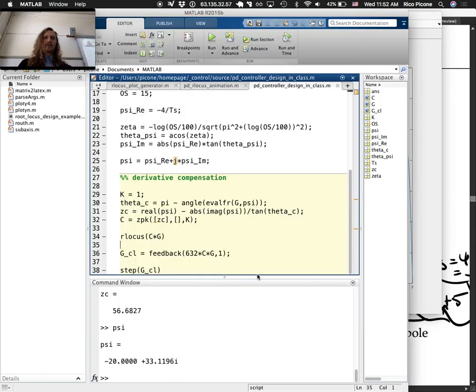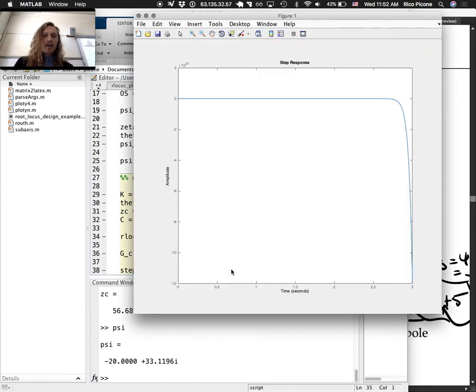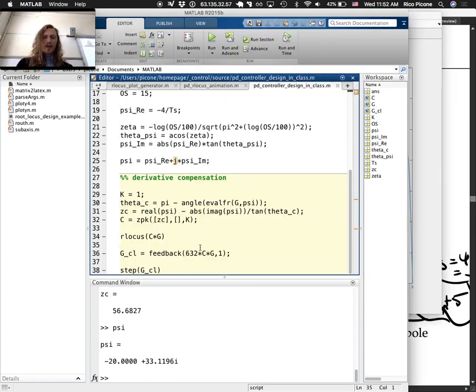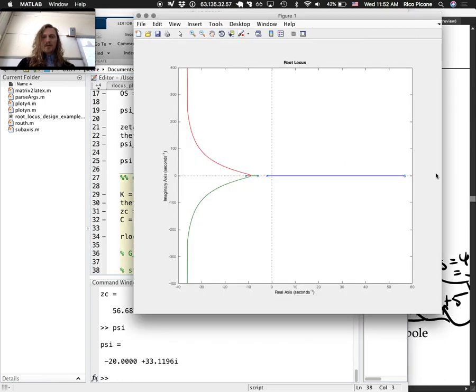Whoa, did something wrong there. Oh, I know why. This is why you don't do these examples without trying them first. I was a little too aggressive with my choice there.